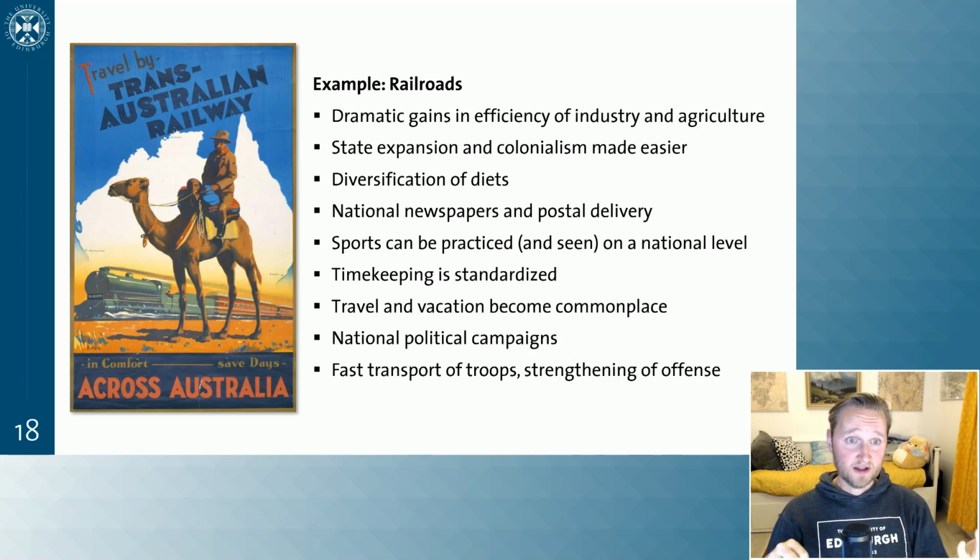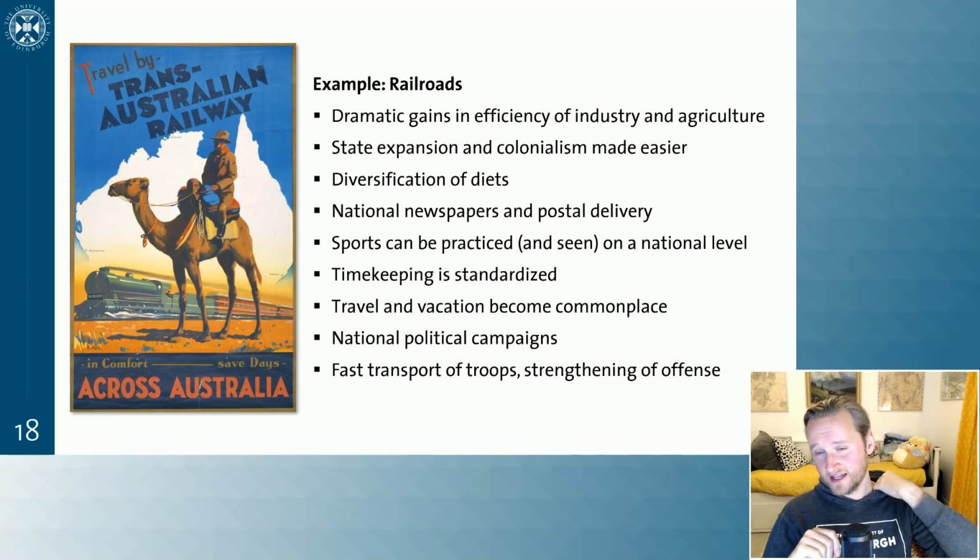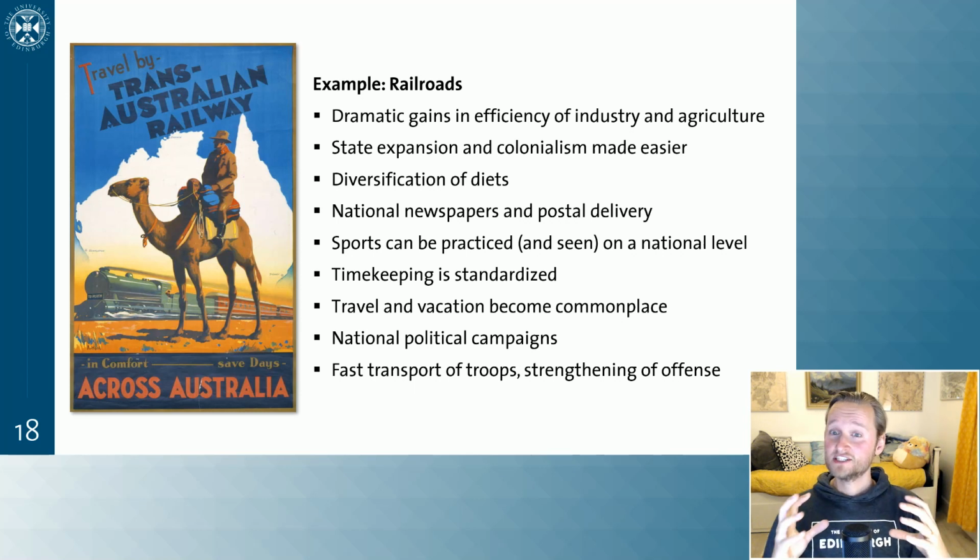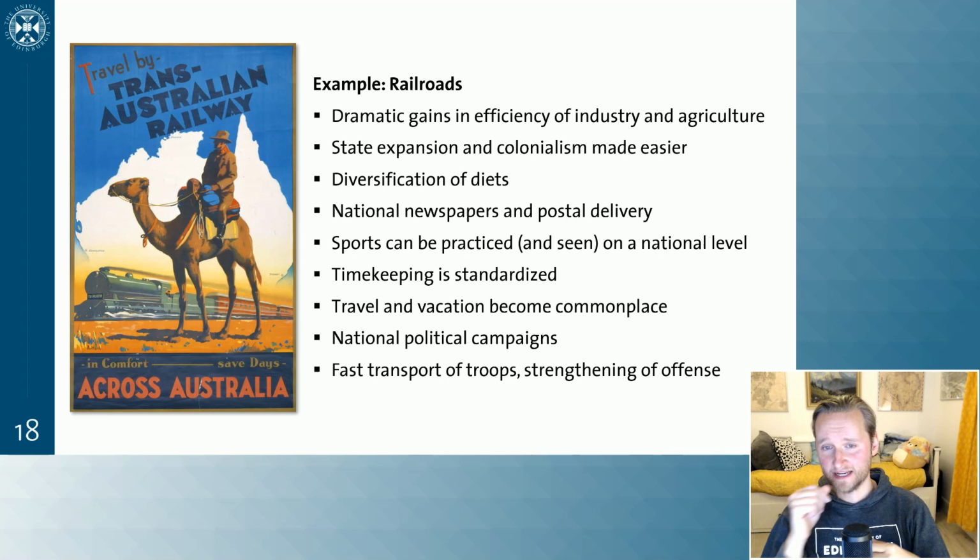One quick example on the extremely fundamental and transformative change that the Industrial Revolution brought. If you just pick one thing about the Industrial Revolution, let's pick railroads here. And if you look at how much change just this one innovation brought along, it's mind-blowing. So obviously, railroads made it much easier to transport goods around. That's kind of a basic thing, really. You can be much more efficient in transporting grain and coal and all that good stuff.